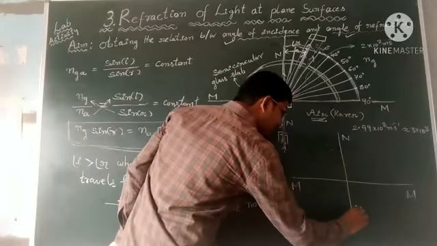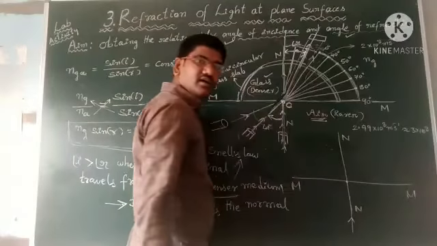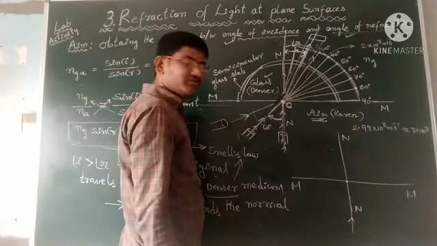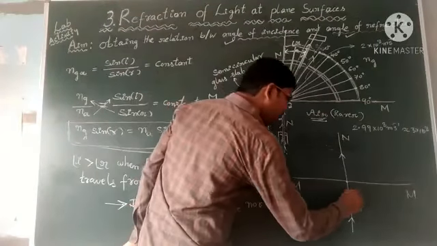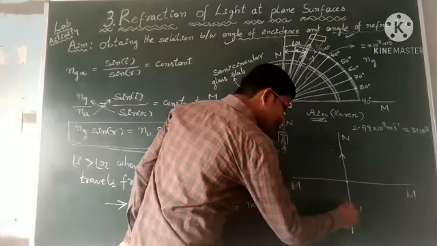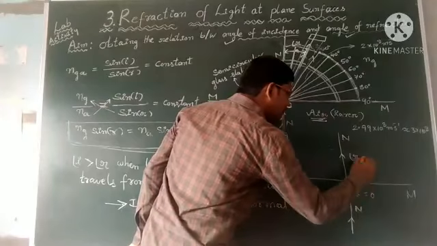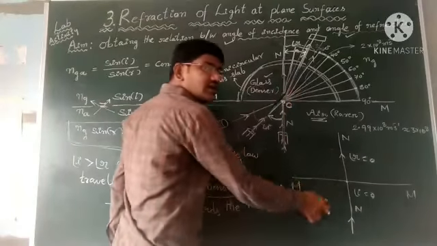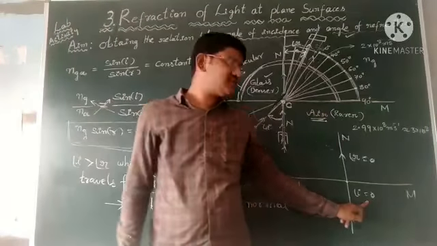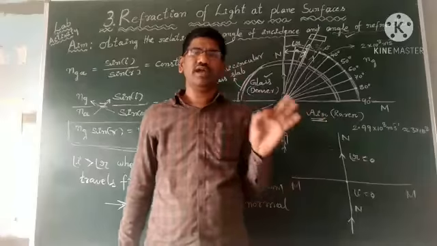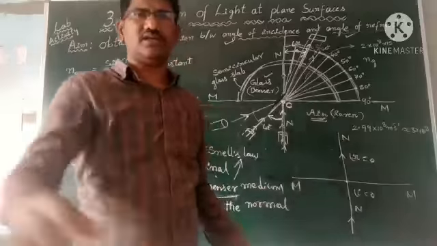If we send the light ray along the normal, then the angle of incidence is 0, and the angle of refraction is 0, means it does not suffer any refraction. Here bending does not take place. For normal incidence, angle i is 0 and angle r is 0, it does not suffer any refraction. Thank you, my dear students.